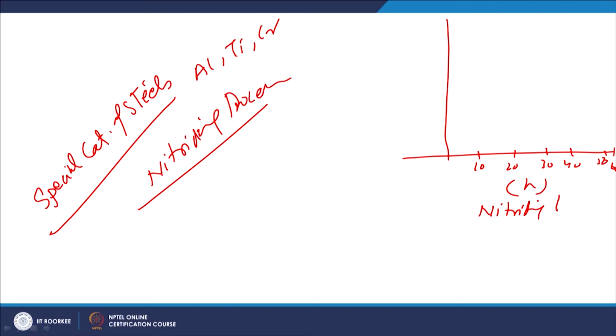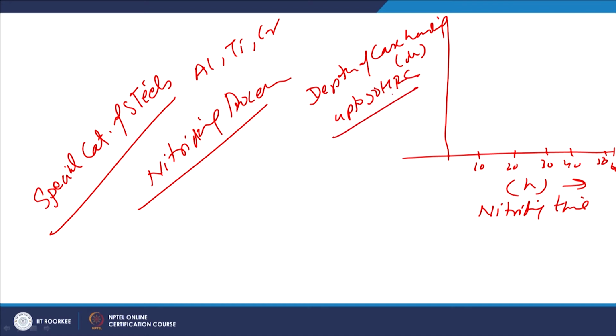Nitriding time in hours, and the depth of case hardening realized after nitriding, in micrometers, up to the reference level where the increase in hardness is 50 HRC. So, the depth up to which 50 HRC hardness is realized through the nitriding process varies with the nitriding time, but the variation is different for the different steels.